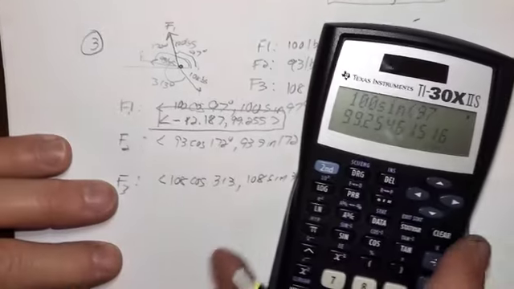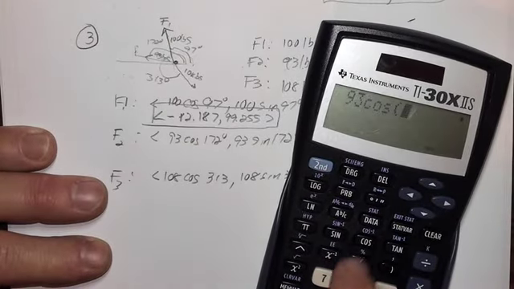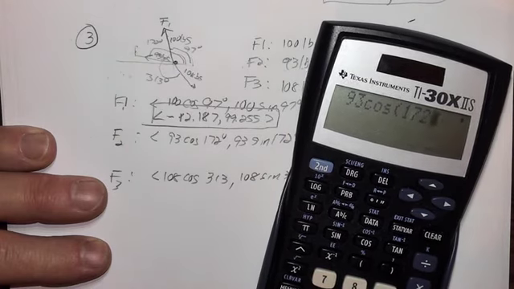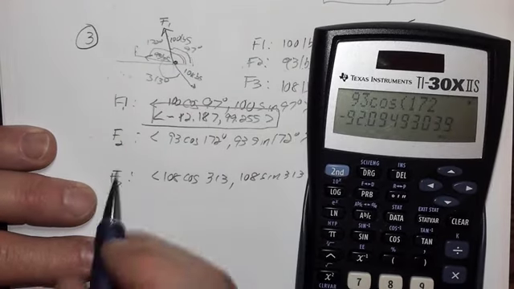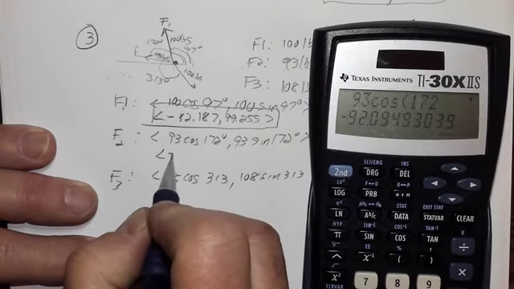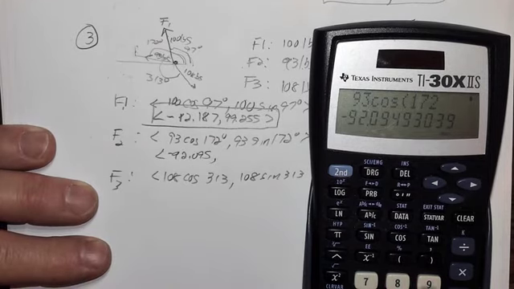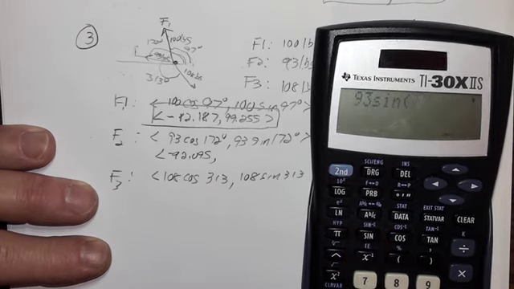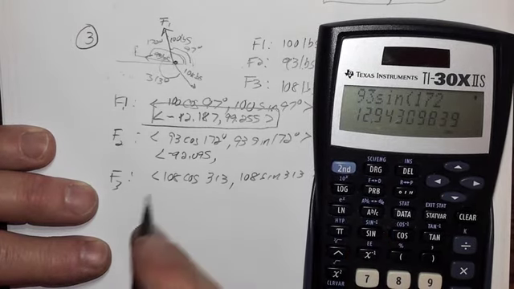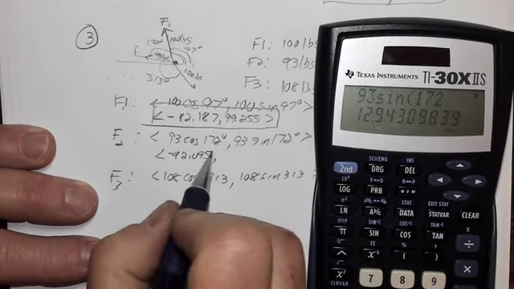Do the same for the other ones. 93 cosine of 172, and I get negative 92.095, and 93 sine of 172, and I get 12.943.